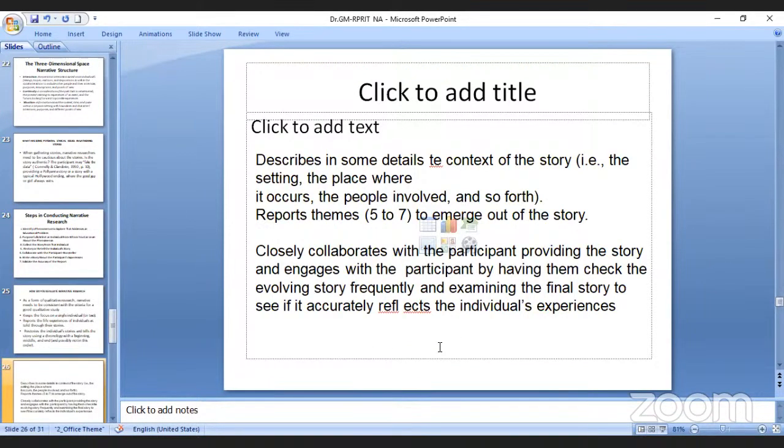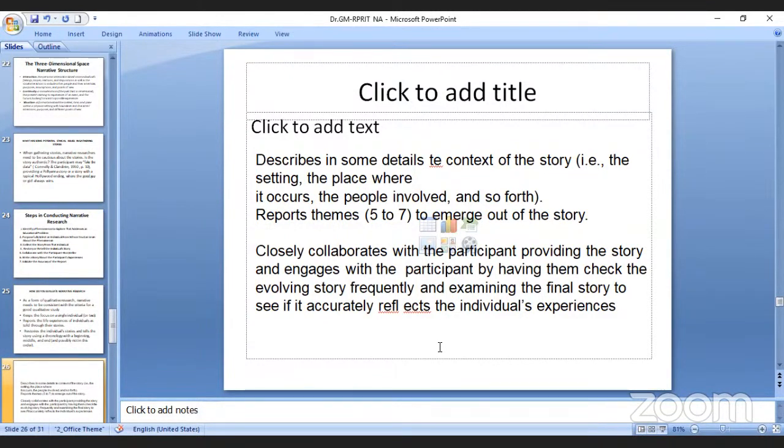Then it describes in some detail the context of the story, that is, the setting, the place where it occurs, the people involved, and so forth. So discuss some details of the context of the story.